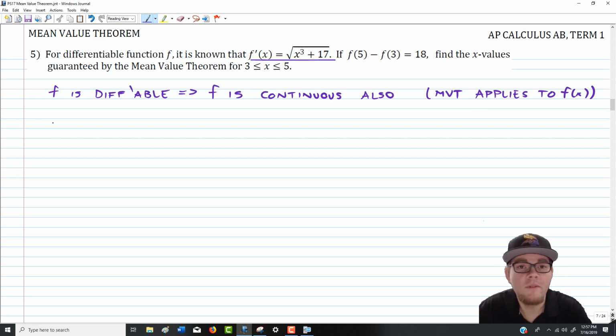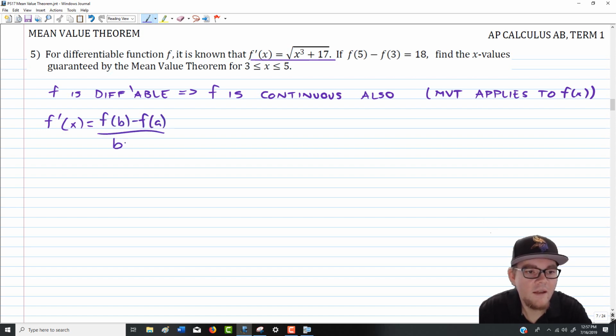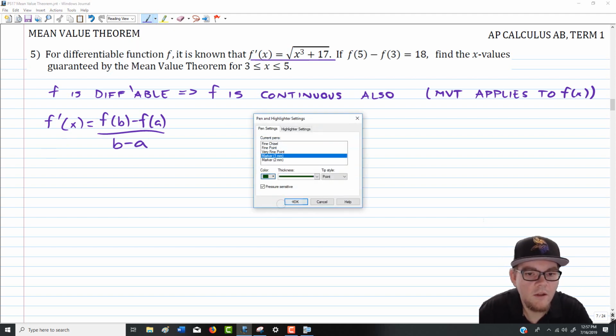Next from there, let's remember what the mean value theorem guarantees. It says that f prime of x is going to equal f of b minus f of a over b minus a at some value x in the interval. Well, in this particular case, let's just look at what we know. We know f prime of x. In fact, here I'll use colors. Getting better at using color here.